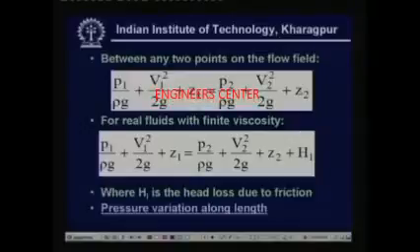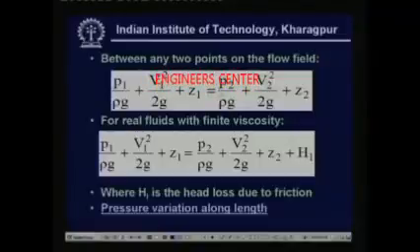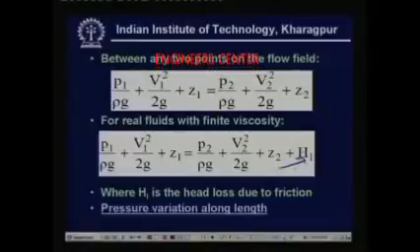And as I was mentioning, for real fluids the flow is not inviscid, that means viscous effects are there in real fluid. So you can modify Bernoulli's equation by including what is known as a head loss term. So this is known as the modified Bernoulli equation. That means it is nothing but Bernoulli equation with provision for viscosity by including a head loss term. So in this expression all these terms are known to you. One additional term is HL, which is called head loss.